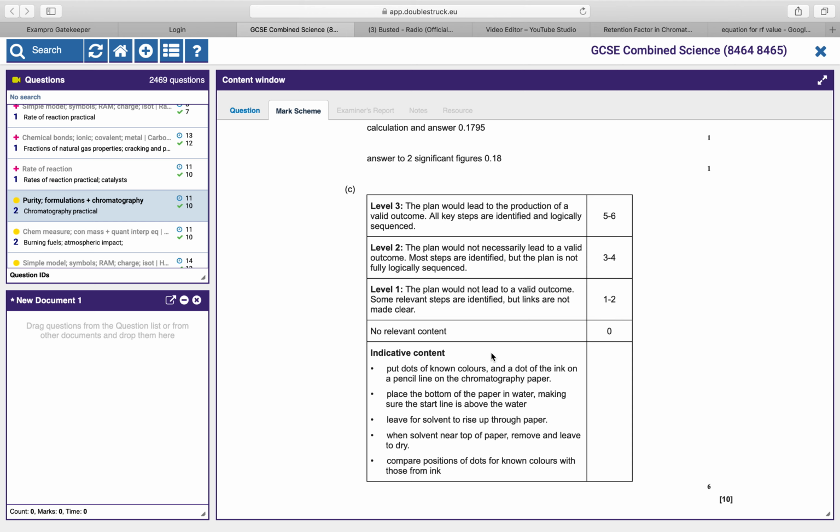So leave for the solvent to soak up through the chromatography paper, and when the solvent is near to the top of the paper, remove that and then put aside to dry, and then calculate.